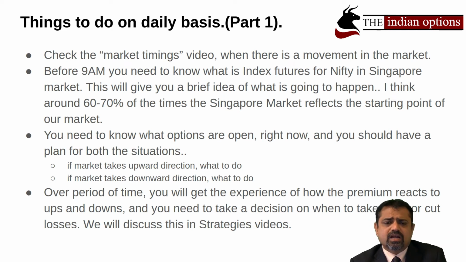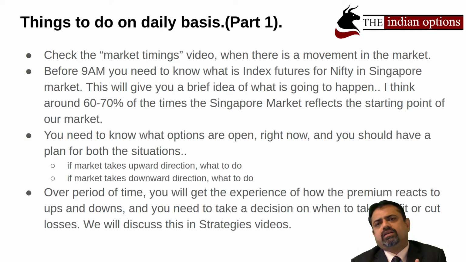The second thing, as I already mentioned, is that you need to be aware of which trades are open, and based on that, assume worst-case scenarios. For example, if the market immediately falls 50 points, what will you do?